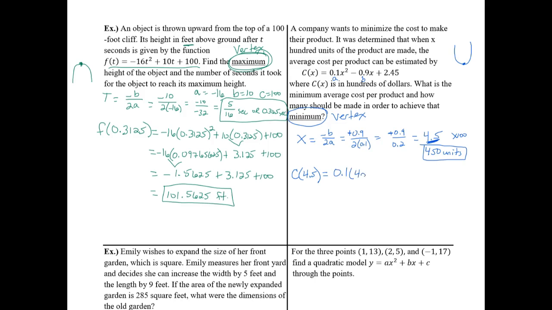So plugging in 4.5, everywhere we see an X, and using order of operations to simplify. So 4.5 times 4.5 is 20.25. 0.9 times 4.5 is 4.05.